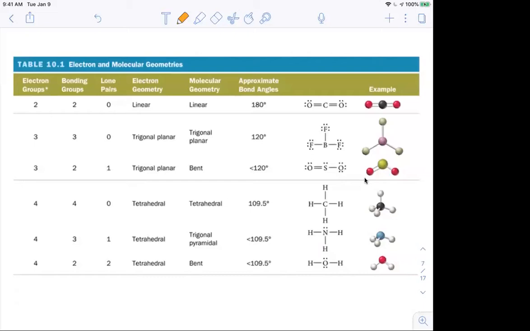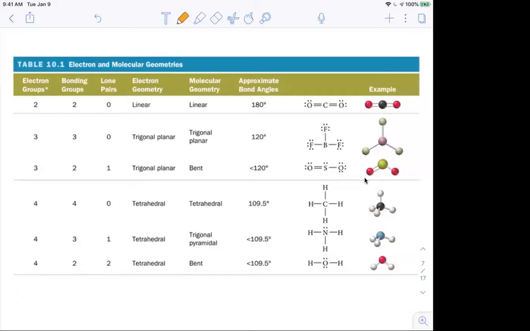Do I have polar bonds in the molecule? If I do, what is the orientation of one polar bond to another polar bond in the molecule? And then I have to figure out, does this create an internal charge distribution within the whole molecule, not just within the bonds? And to do that, I have to figure out the geometry of my particular molecule.